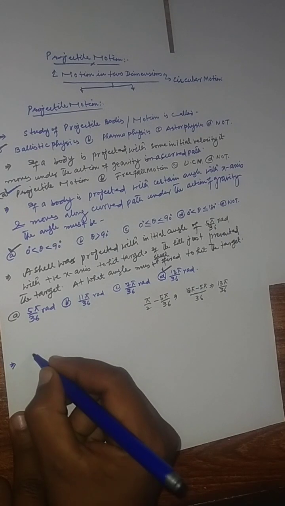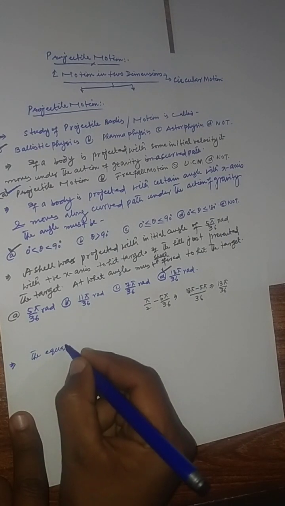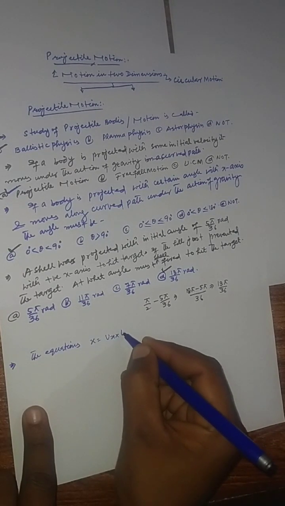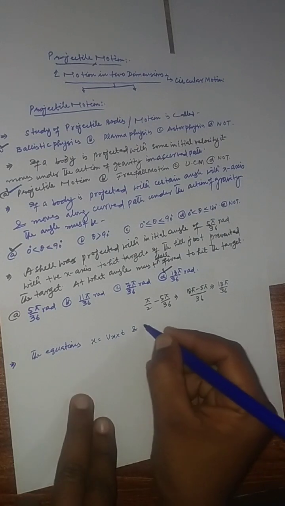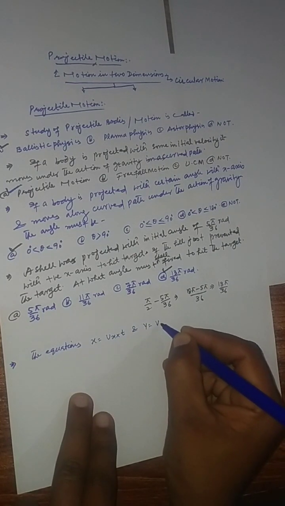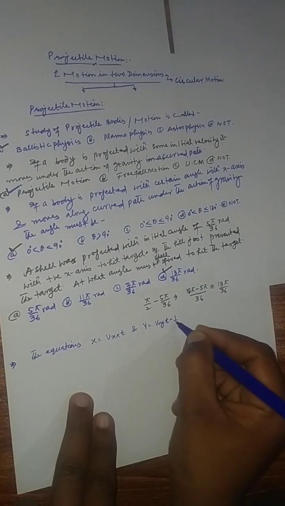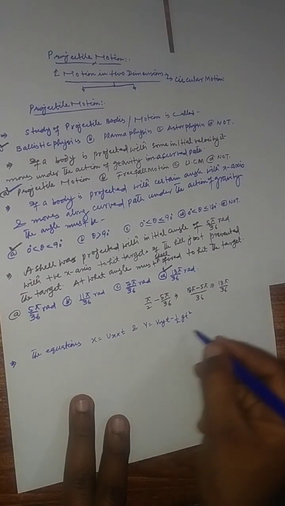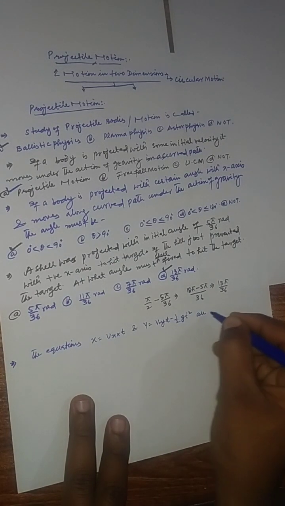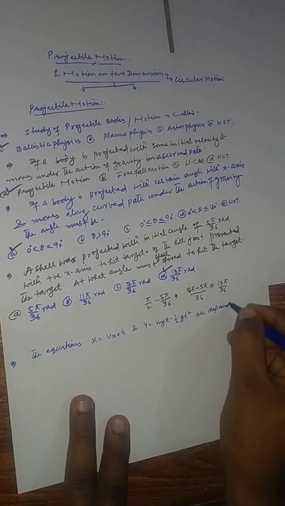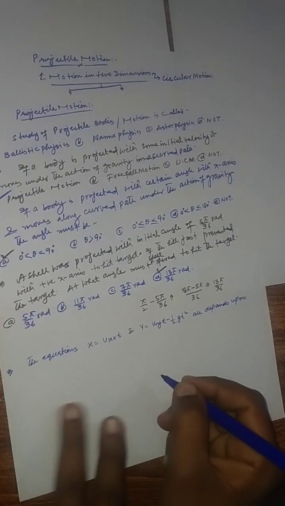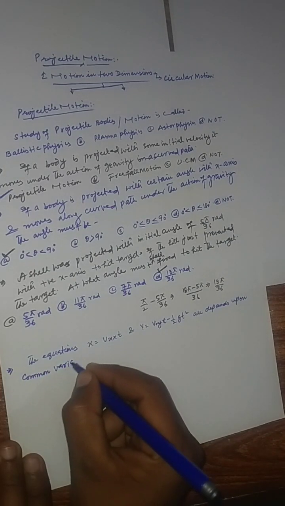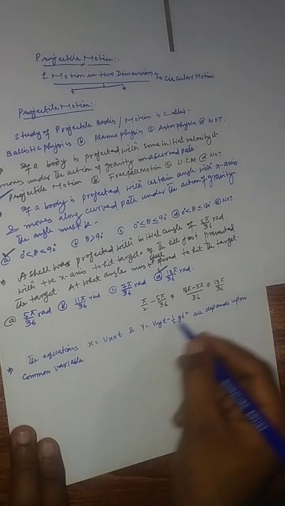If we take the equations, x is equal to v_x into t, and y is equal to v naught y t minus 1 over 2 g t square. These equations depend upon a common variable, time.